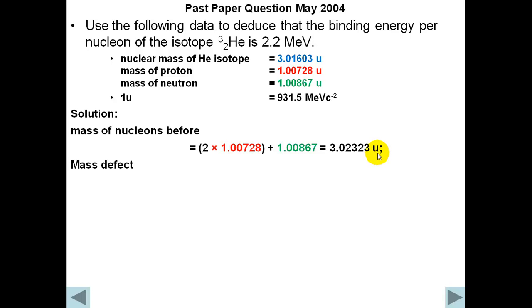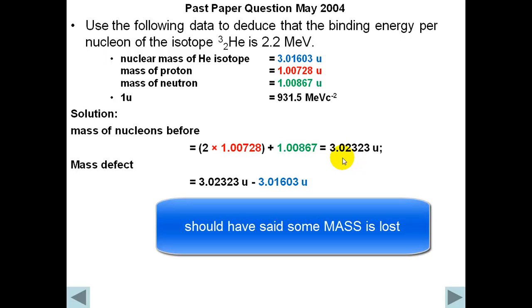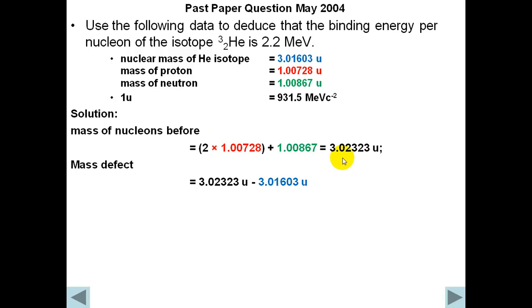Afterwards, we are told that the mass is 3.01603, which is different from this. Some energy is lost. So what is the mass defect, the mass that's lost? It is equal to 0.0072 unified atomic mass units.